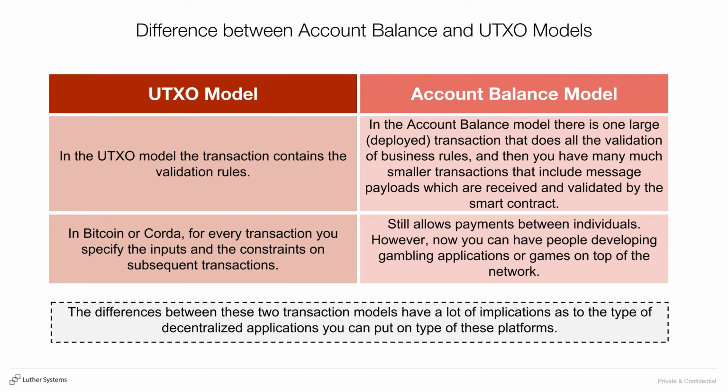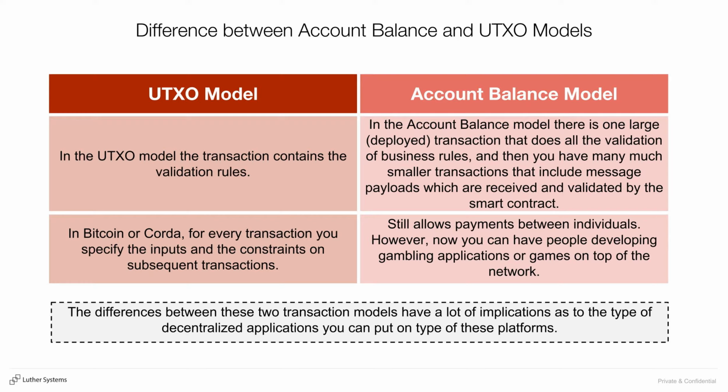Now, in practice, these two different transaction models really have a lot of implications as to the type of decentralized applications you can build on top of these platforms. And what we find is that the account model has performance and scaling implications, but then also has implications as to the applications that are built on top of this.